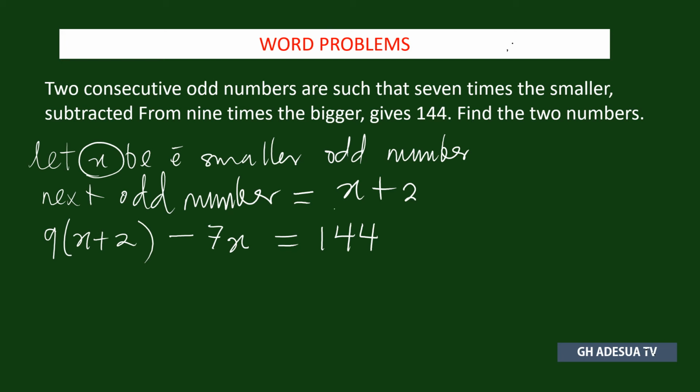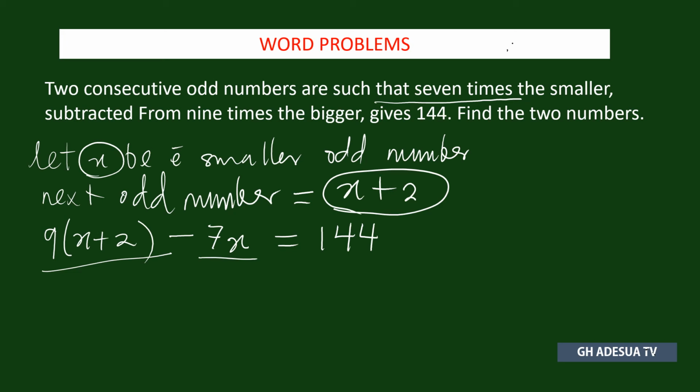So then the next odd number is x plus 2. Now, the question specifically states that 7 times the smaller, so that is 7 times x, that is 7x, is subtracted from 9 times the bigger. So you first find 9 times the bigger, and then you subtract 7x from it. So 9 times the bigger minus 7x is equal to 144.